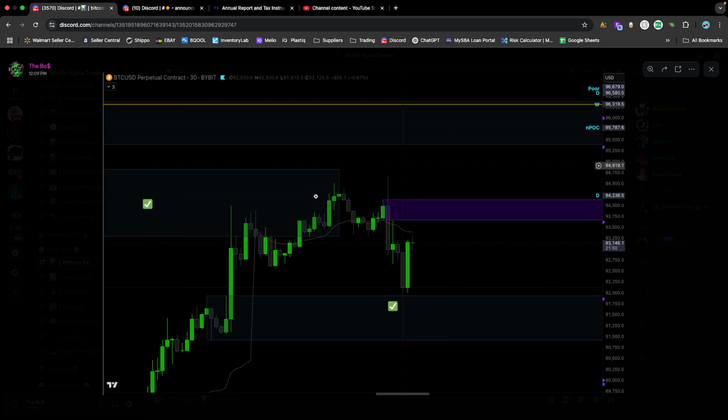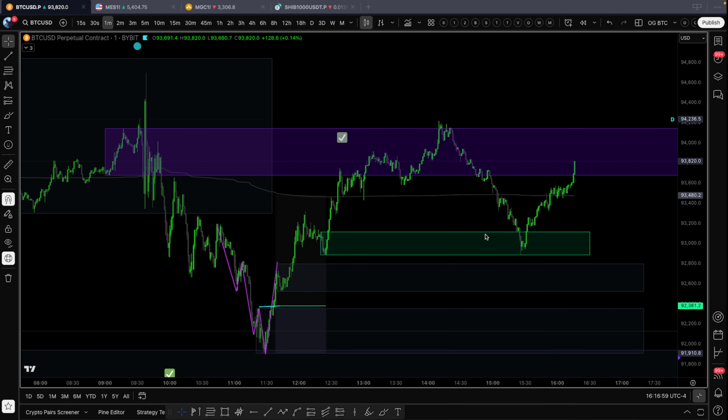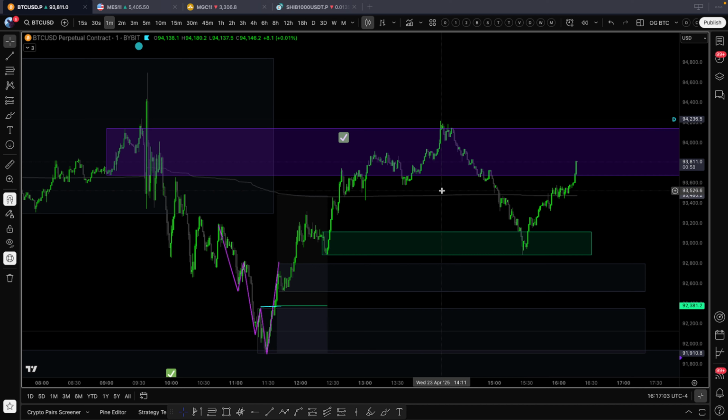So again, this was our initial short from this wick down and our other long opportunity that played out from this demand. And now we were looking at this purple box, or purple supply, also an order block with imbalance, for our next short opportunity. We came into the purple box and we hit the daily level once again.